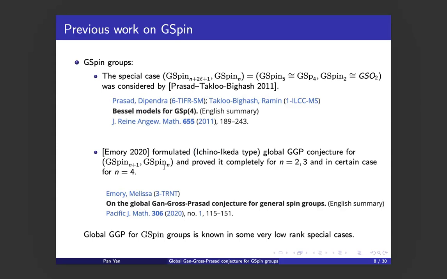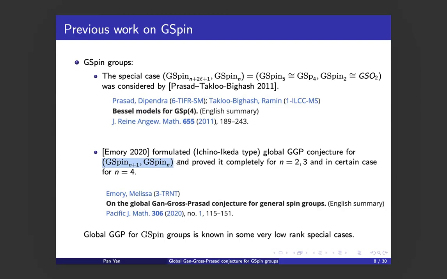In the GSpin case, right now there is just the codimension 1 case conjecture. We don't have an explicit conjecture yet for a general Bessel model for GSpin.